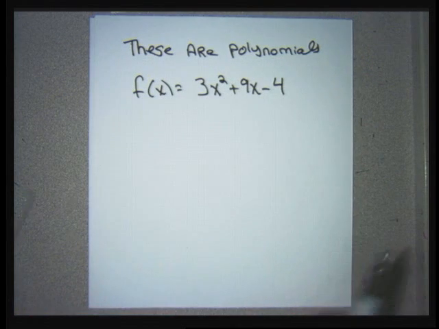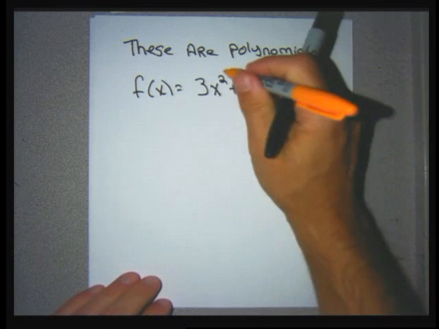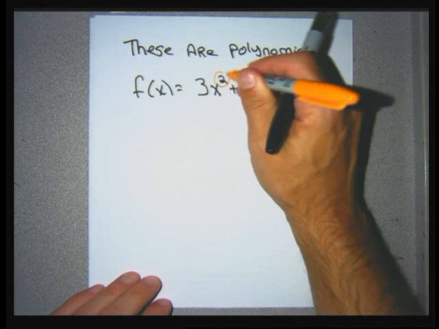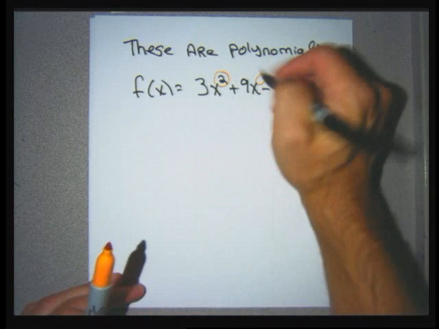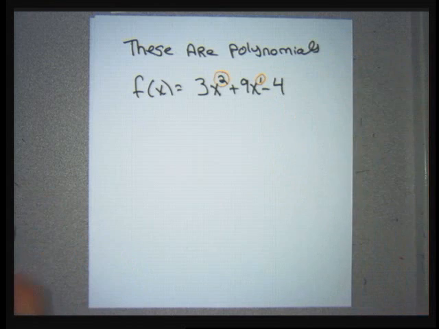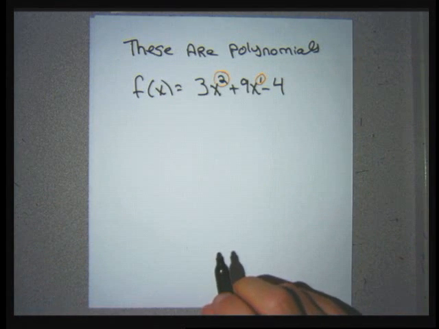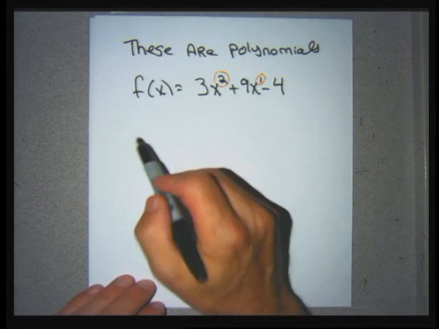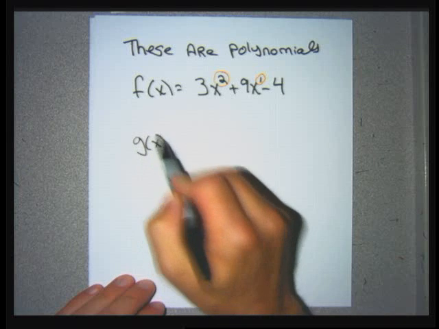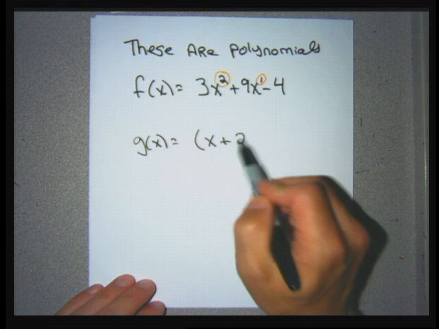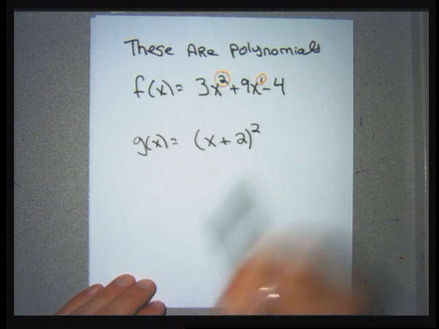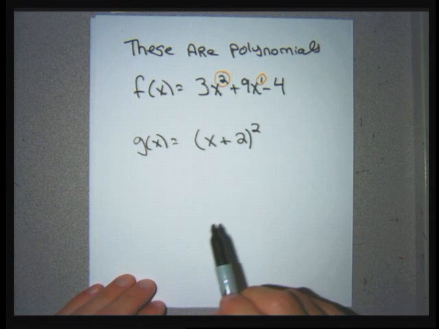What this has that makes it a polynomial is that the only letters have positive integer exponents. There's not a letter under a radical or in the denominator of a fraction. Something like this, x plus 2 quantity squared, that's still a polynomial.